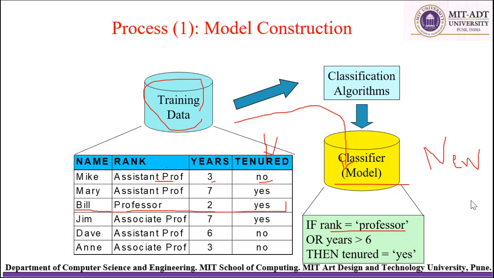Now if you are getting the rank equal to professor and years greater than 6, then what will be the tenure value? It is yes. So whether this will be correctly classified or not can be identified by applying this to the classifier model.